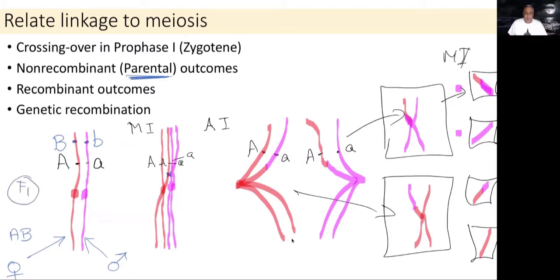This is the baby, and the baby is undergoing meiosis to produce its gametes, right? The parents of that baby, the P generation, would be right here. So those are the parents. This baby inherited big A, big B from its mother, small a, small b from its father. So those are the parental combinations of chromosomes.